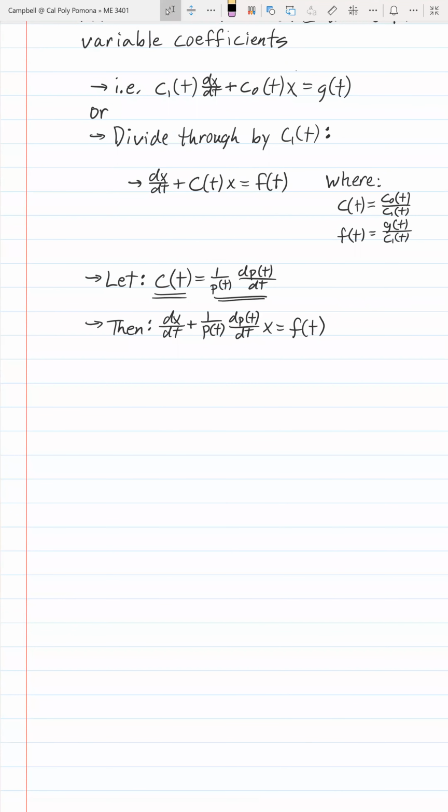So now we can go ahead and multiply through by P of t. So we have this 1 over P of t. Let's just multiply everything through by P of t.